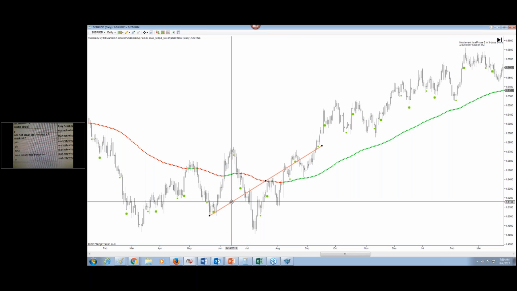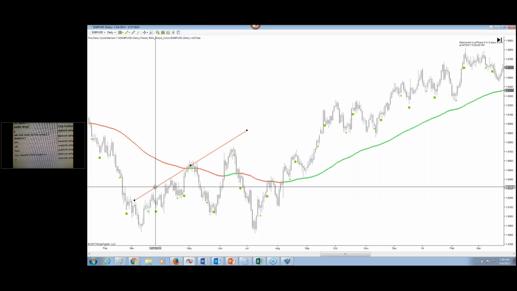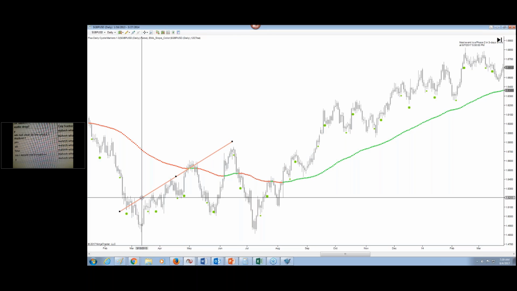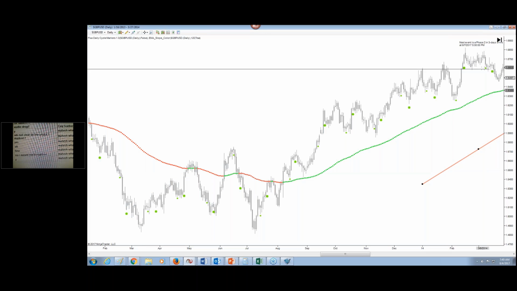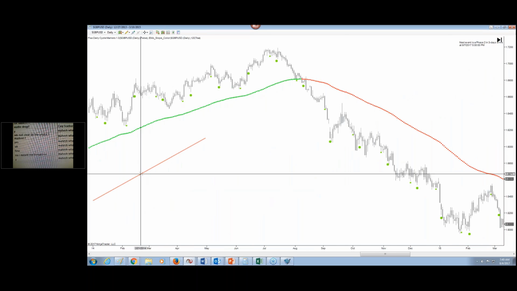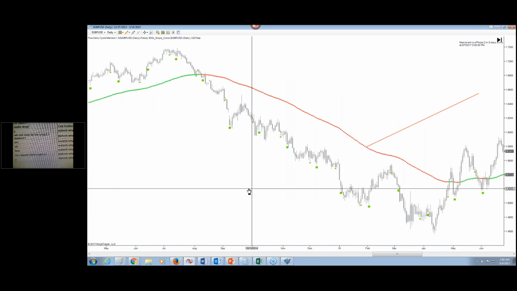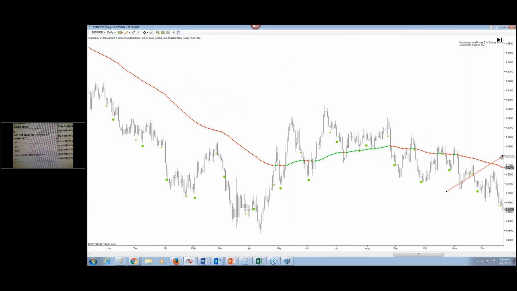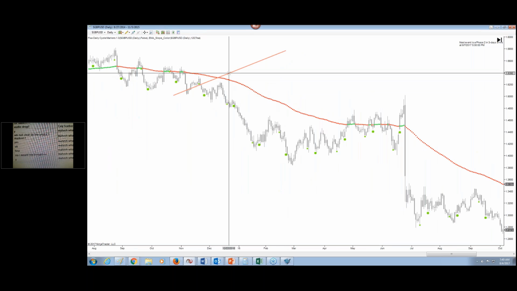That's pretty cool. I'm going to show you how we use that now over here to the right hand side for the up angle and for the down angle, because it's important.